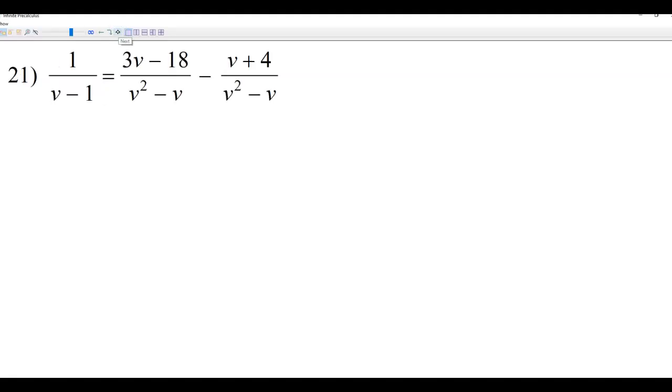All right, so when you have polynomials in the denominator, you have to begin by factoring. So there's our main note that we're going to write there.